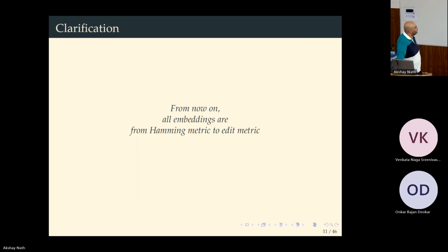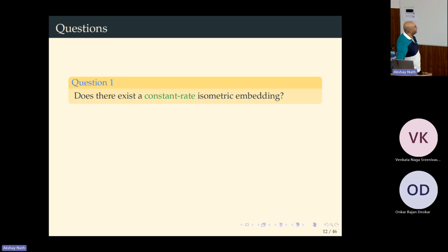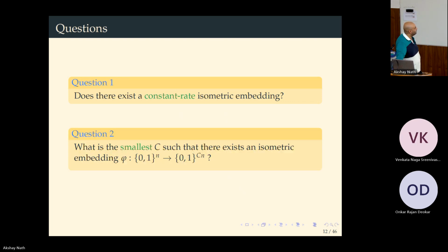Okay. From now on, we'll just assume all embeddings are from Hamming metric to edit metric. Whenever I say an embedding, I mean that. So does there exist a constant rate isometric embedding that will give all these applications? And then if there is, what is the smallest c? Let's try to optimize the rate.